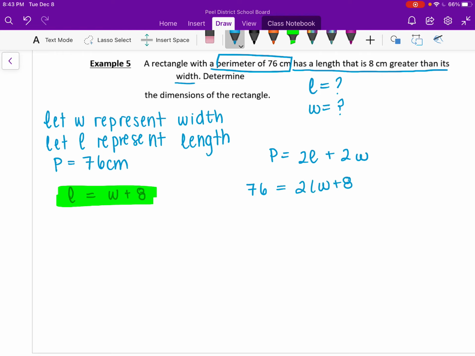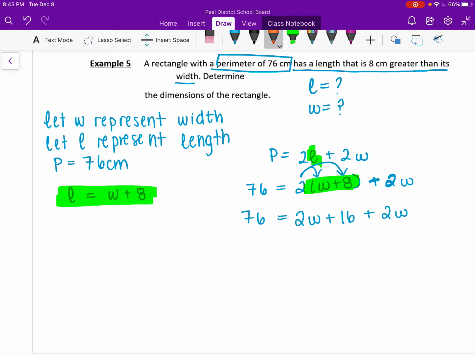I'm just subbing in for this L with this W plus 8 that we figured out was true there, plus 2W, right? And then I'm just going to solve. I'm going to do 2 times W is 2W. 2 times 8 is positive 16 plus 2W.